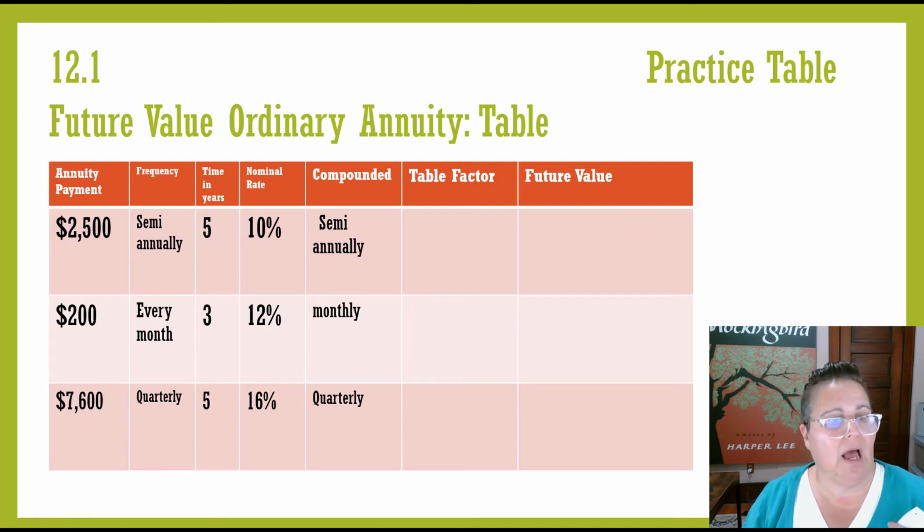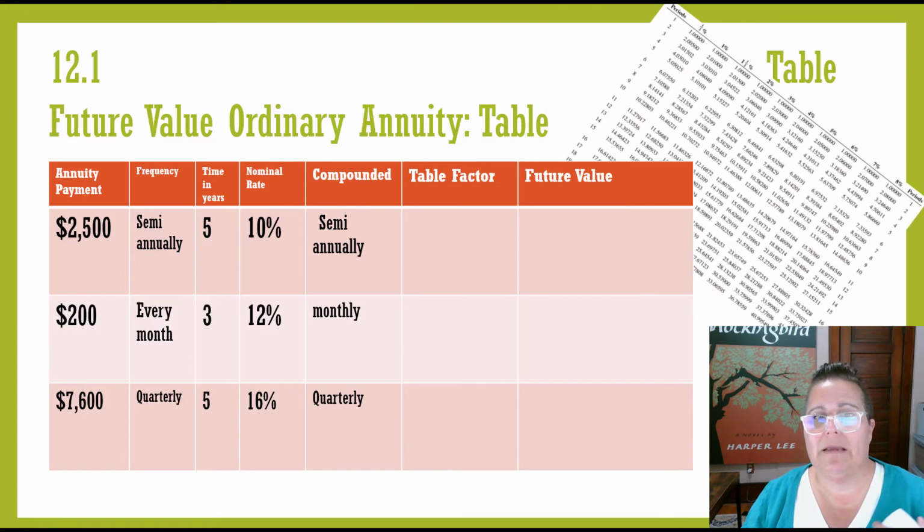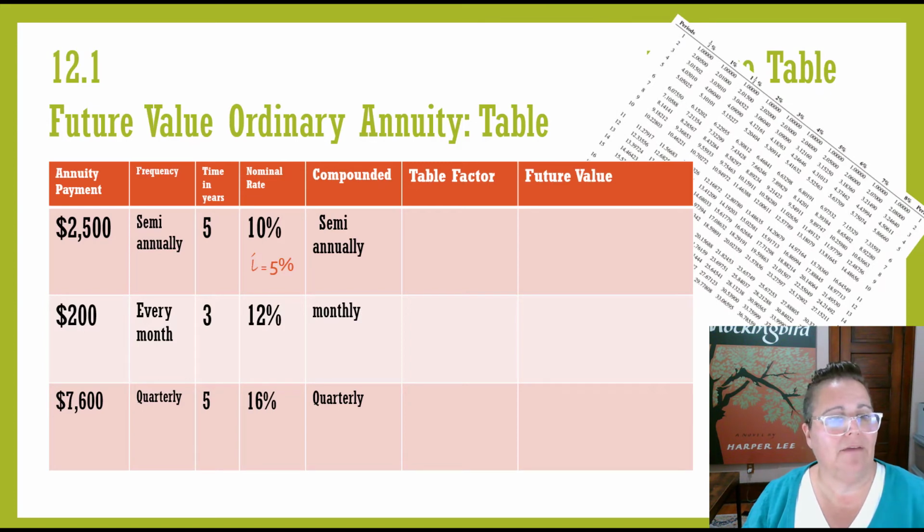So I need to find my I. My I value would be the 10% divided by 2, because I'm compounding semi-annually. That gets me 5%. Number of compounds would be 5 years and twice a year, so that's going to be 10. Then I'm going to go to table 12-1 and look up 5% for 10 periods.